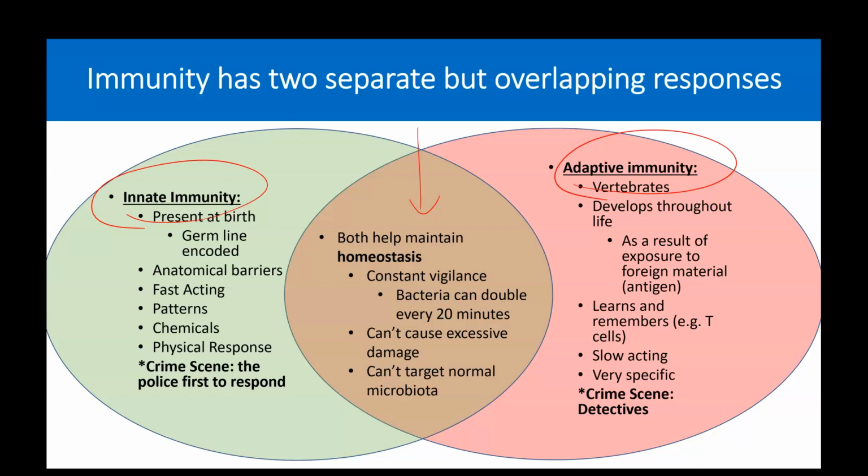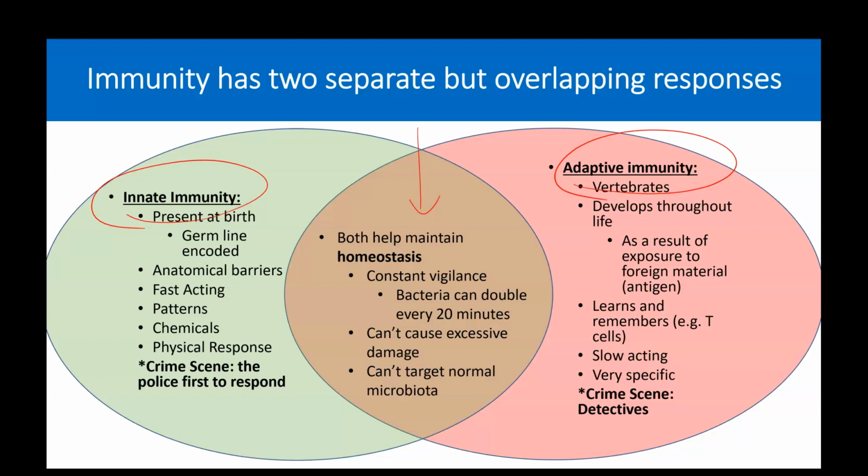In other words, we are born with some forms of immunity, and they're germline encoded, which basically means that it's part of our DNA. We don't acquire these as we grow and survive and learn about the external environment. These are things that were given to us by our mother and our father in our genes. So germline is another way of saying it's in our DNA.